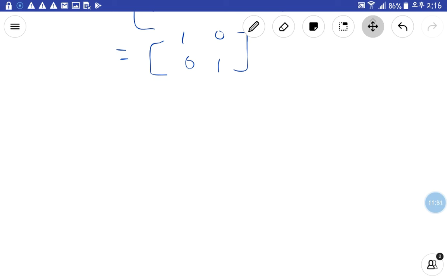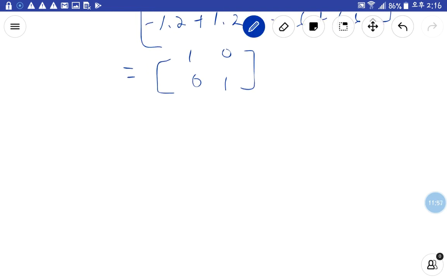Okay, so let's go back to page 535. Alright, this is new. We need to find the inverse matrix now. So how can we find the inverse matrix?